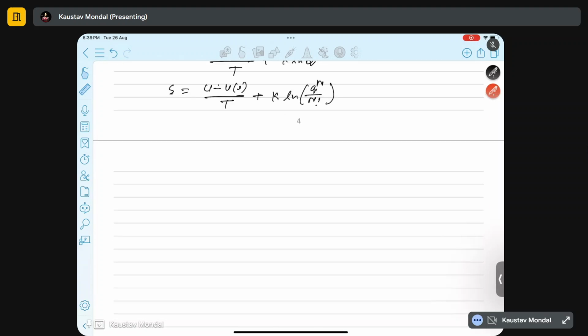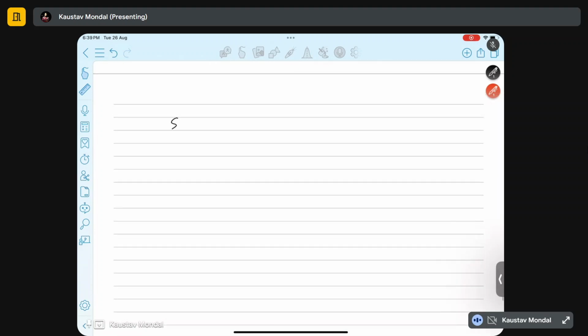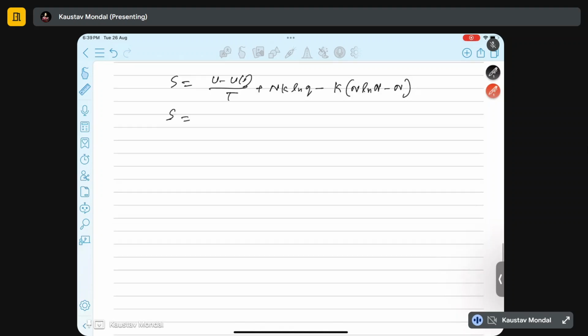Now you can expand the ln in the extended way: U minus U0 by T plus N k ln q minus k N ln N plus N k.